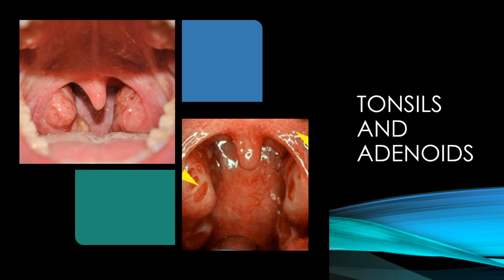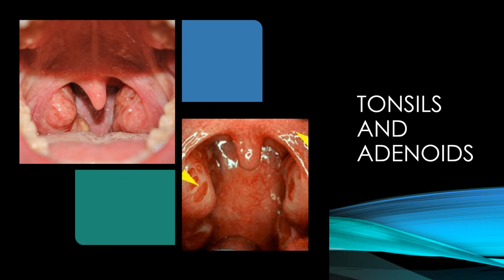Tonsillectomies and adenoidectomies are one of the most common surgeries in children. As you look at these pictures, please note the decreased oropharyngeal room in the back of the throat.